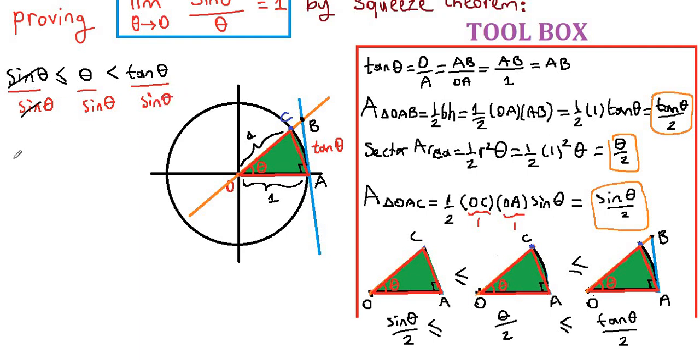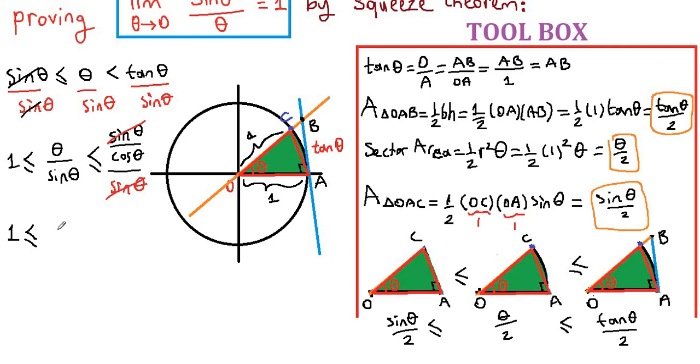So we obtain here 1 less than or equal to theta over sine theta. And we know that tangent is sine over cosine, divided by sine theta here. So the sine thetas cancel out, so cosine theta stays.